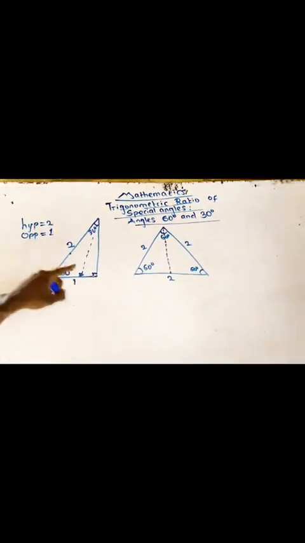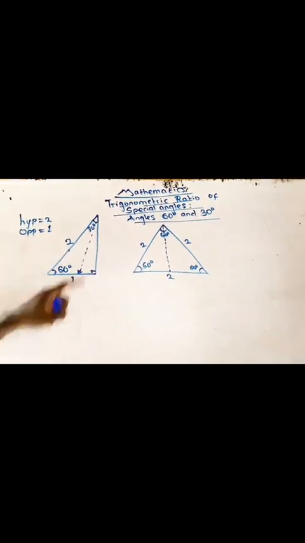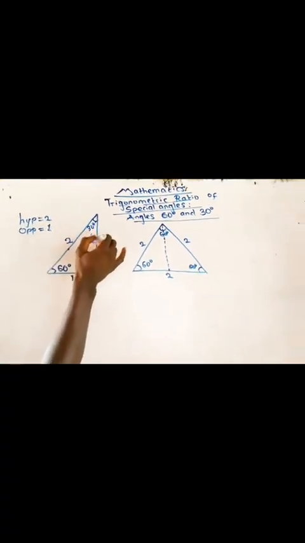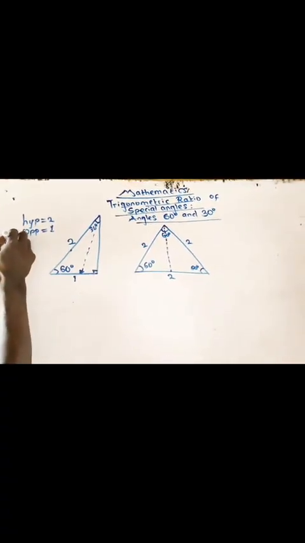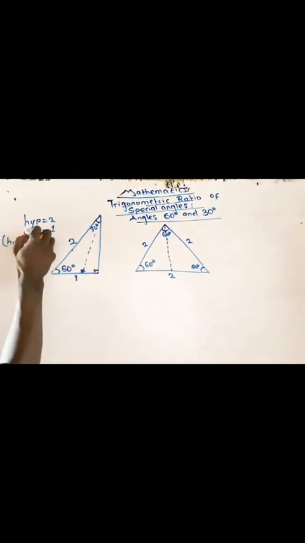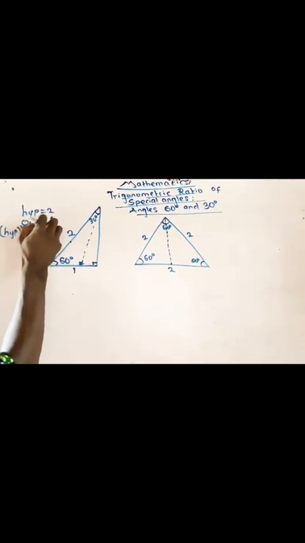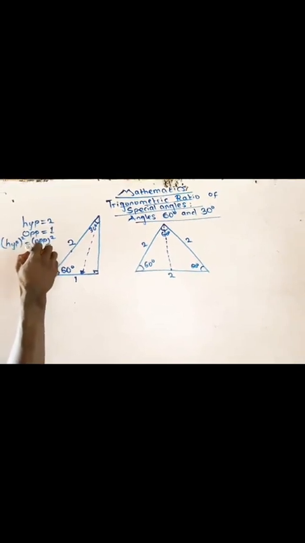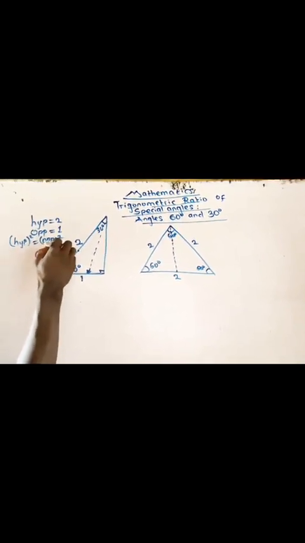And remember, according to Pythagoras theorem, if you did not watch the first video, please go and do that. Hypotenuse raised to power 2 is equal to opposite raised to power 2 plus adjacent raised to power 2.